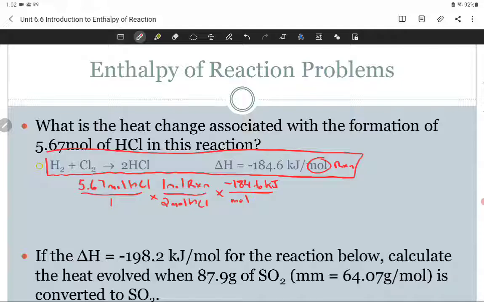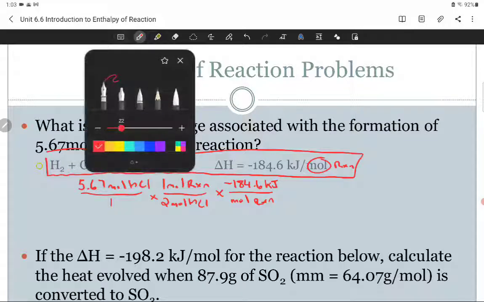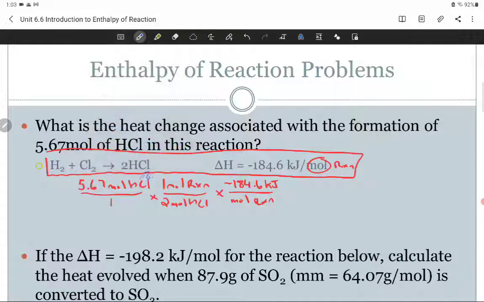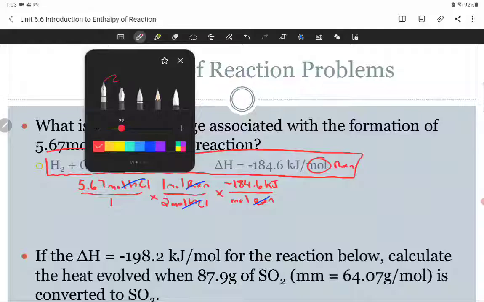Again, someone should put down moles of reaction, but they don't, so we'll have to assume that that's going to be moles of reaction. I think we get almost everything to cancel here: moles of HCl, moles of reaction. And so we just have a little bit of multiplication and division to get us into an answer.